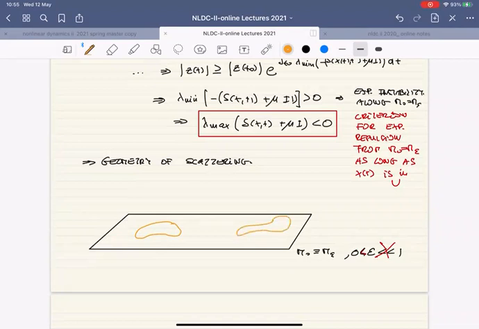Okay, maybe here. So these will be regions of instability. Outside of these, you will have stability. So these will be the regions of instability or repulsion. That's what we guess from this.